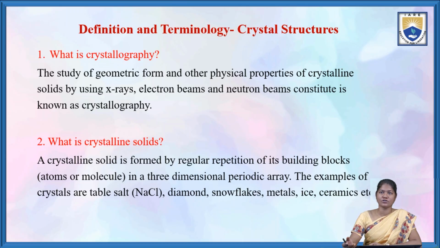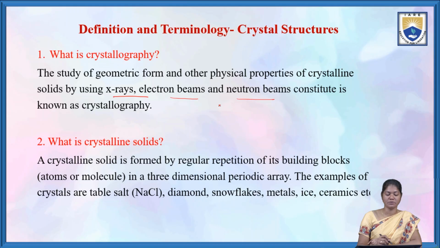In crystalline solids, the atomic arrangement is regular, whereas in the case of amorphous solids, the arrangement of atoms is irregular. So, we can study the geometrical point of view of the physical properties of crystalline solids by using these X-rays, electron beams, and neutron beams.